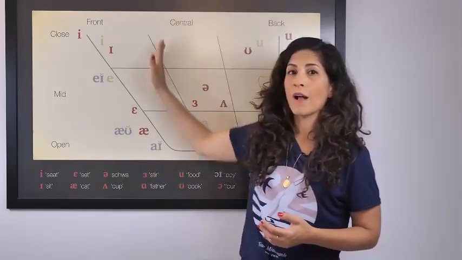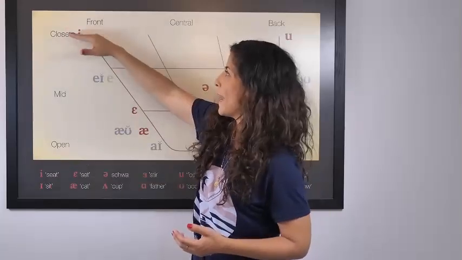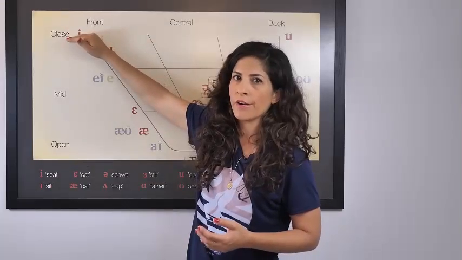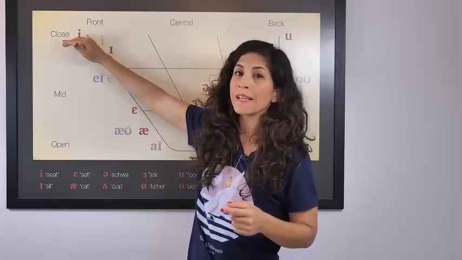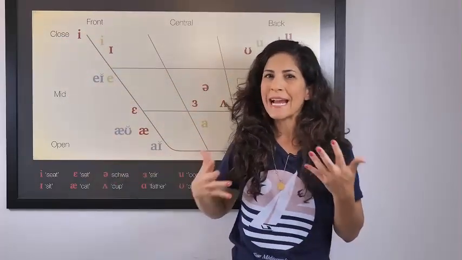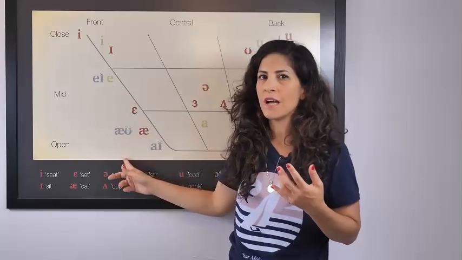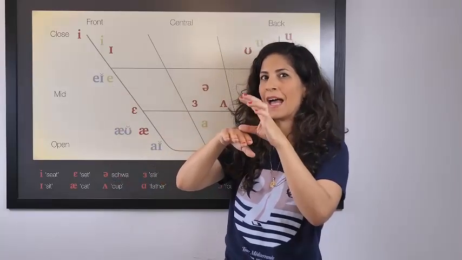Now, the vertical axis is basically the position of your jaw. So as you go higher on the chart, then the mouth is more closed, the jaw is more closed. For example, E. And as you go down, the jaw drops. Now, technically, it's not really the position of the tongue, but it's actually the space between the tongue and the upper palate. Okay?